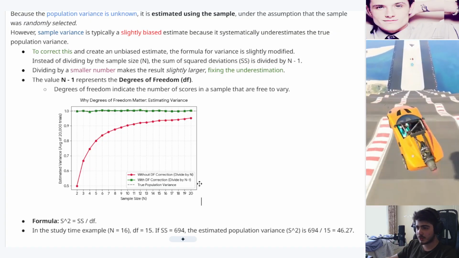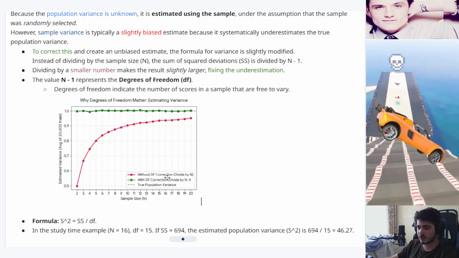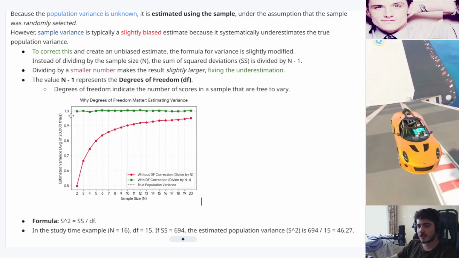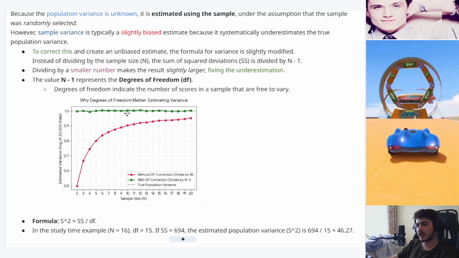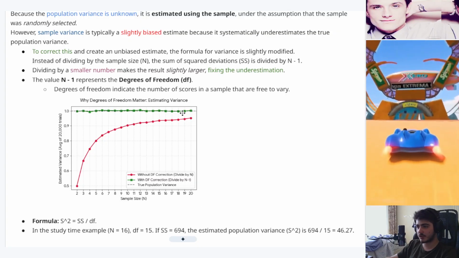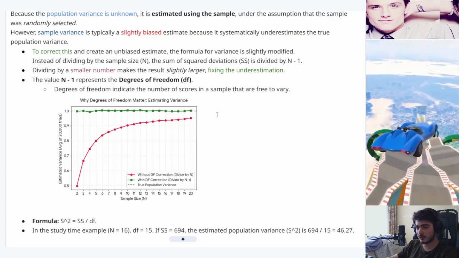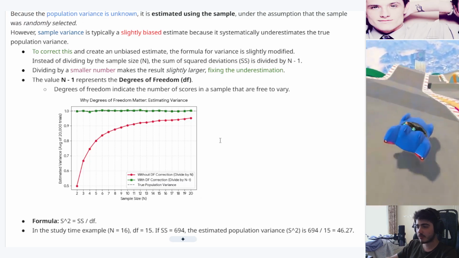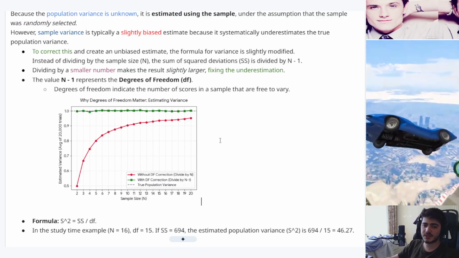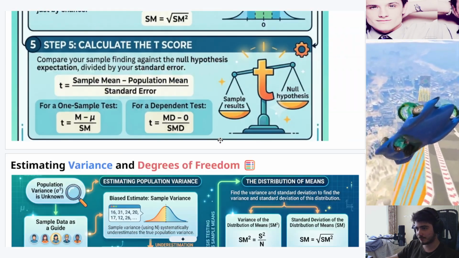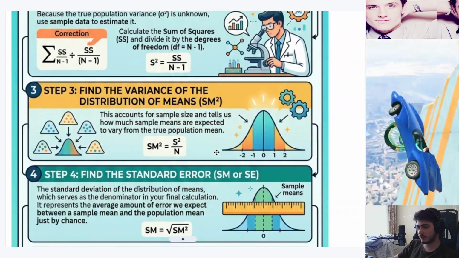But if you do it with the degree of freedom correction, as you can see, the green lines, which is the degree of freedom calculations, align with the true population variance, which is 1. So this is why we use the degree of freedom. And that's the only reason.